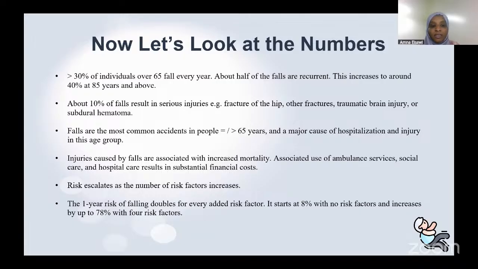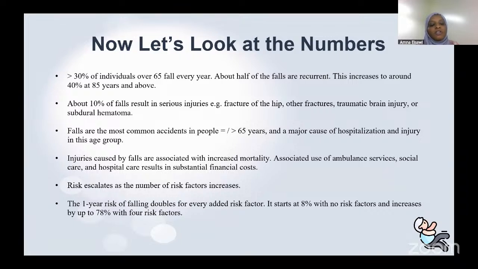The risk escalates as the number of risk factors increases. As we discussed earlier, from practice alone you would notice that a lot of older adults exhibit at least one or two of the risk factors we discussed.